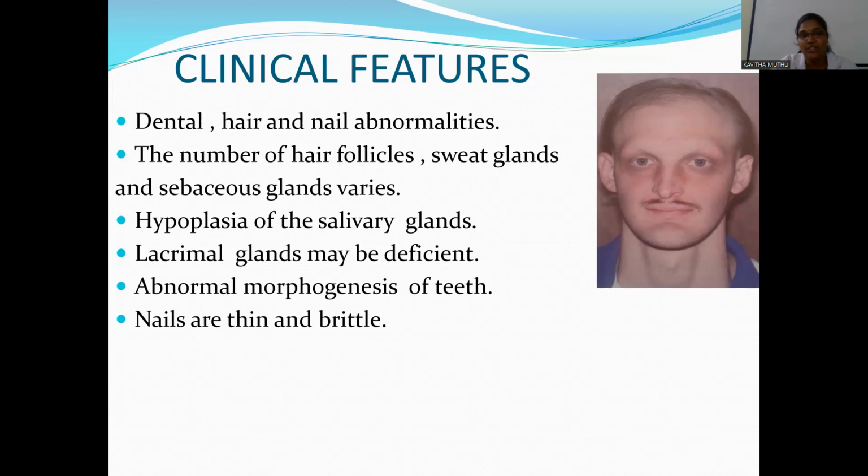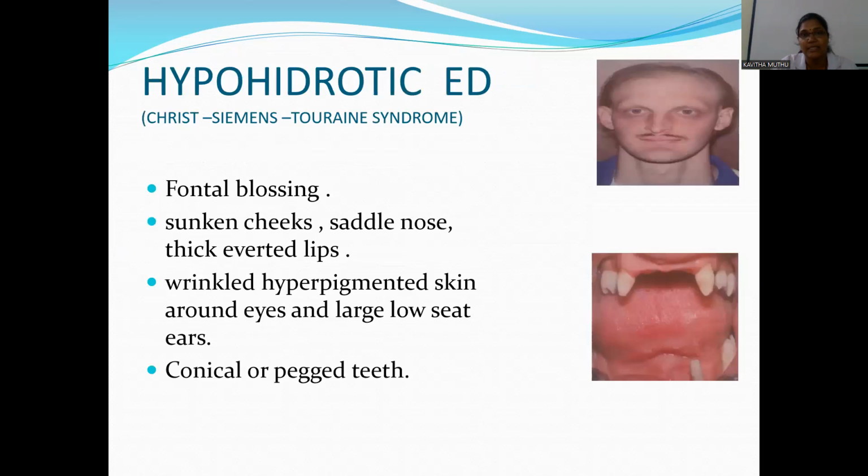Lacrimal glands may be deficient. So obviously, there will be dryness of the mouth and dryness of the eyes. And there is abnormal morphogenesis of the teeth. And the nails are thin and brittle in this disease. And when you take hypohidrotic, there will be the same thing, frontal bossing.